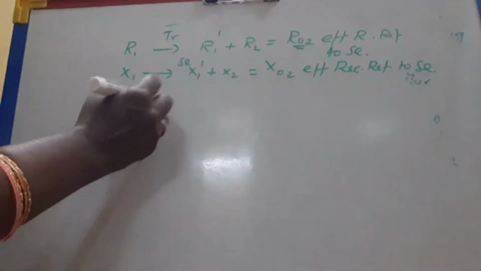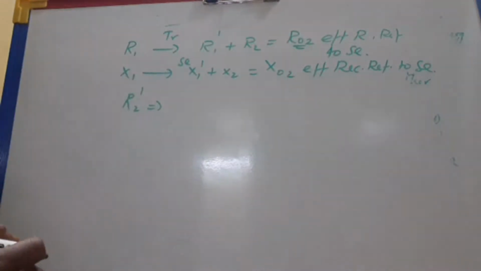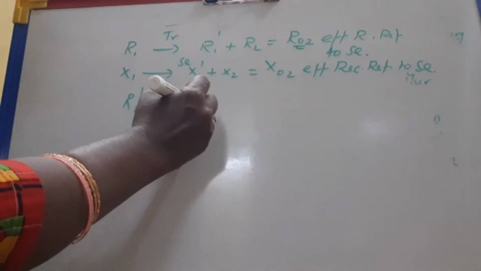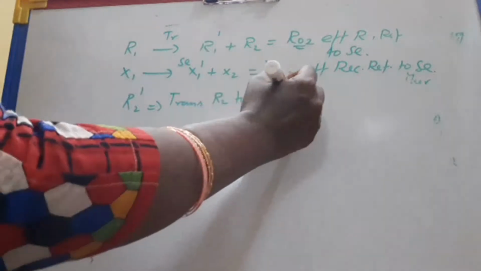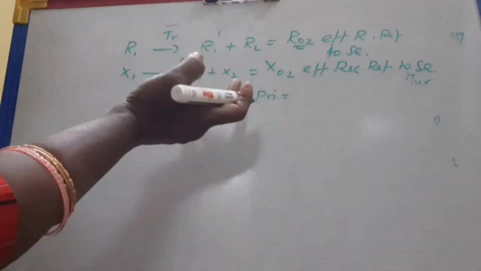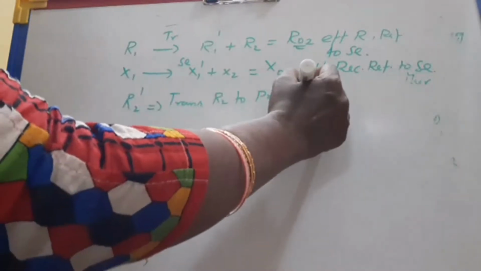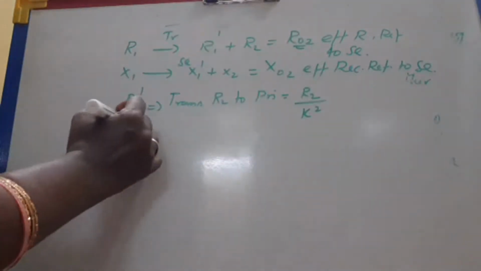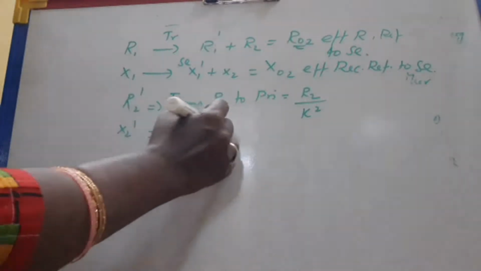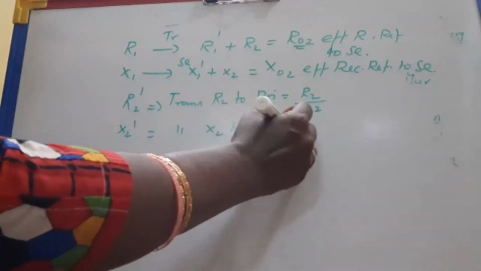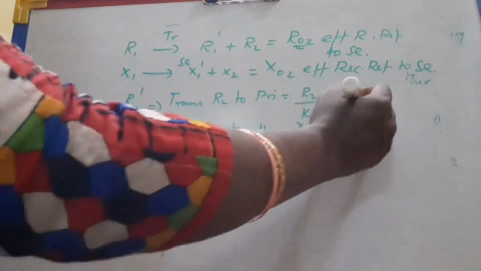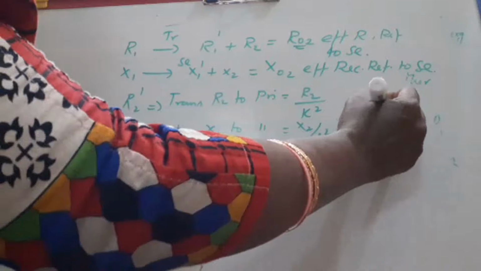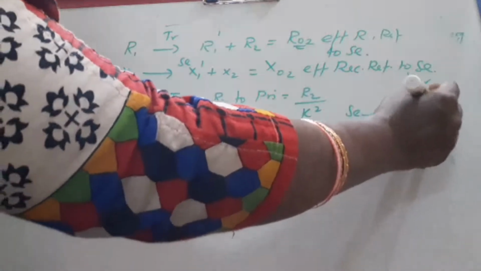R2 dash is the transfer of secondary resistance R2 to the primary. Whenever transferring resistance from secondary to primary, we divide by K square: R2 dash equals R2 by K square. Similarly, X2 dash, the transfer of reactance to the primary, equals X2 by K square.